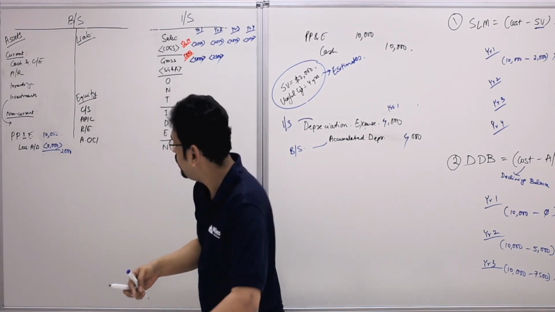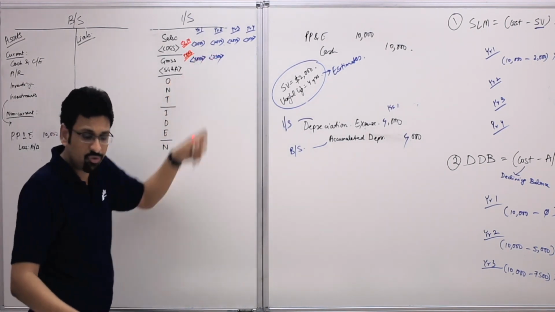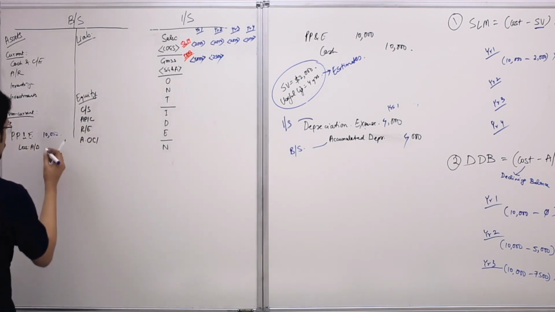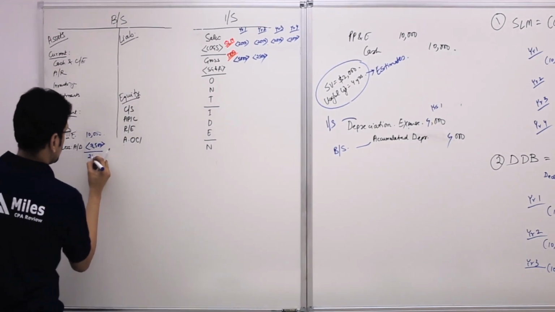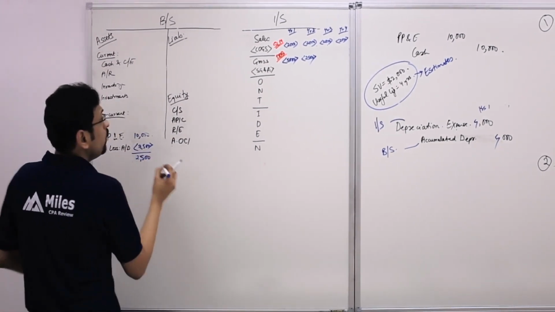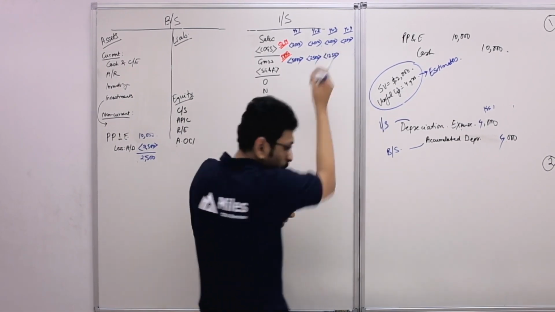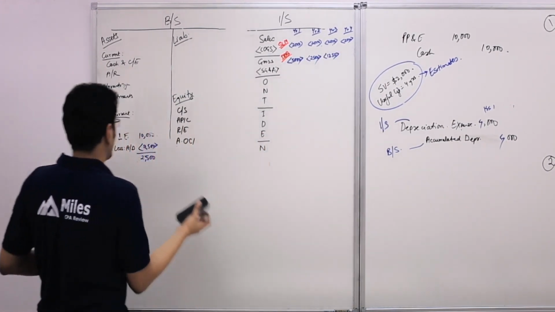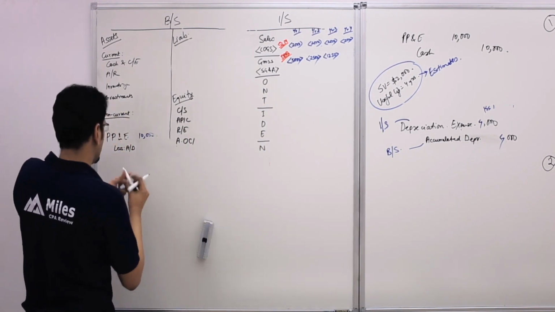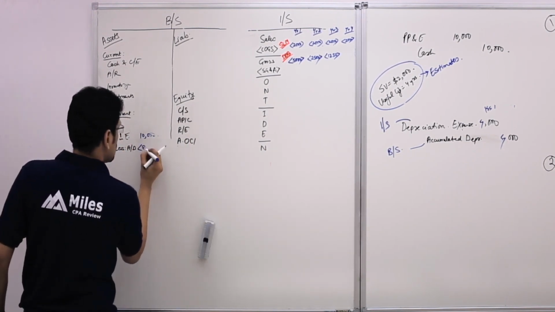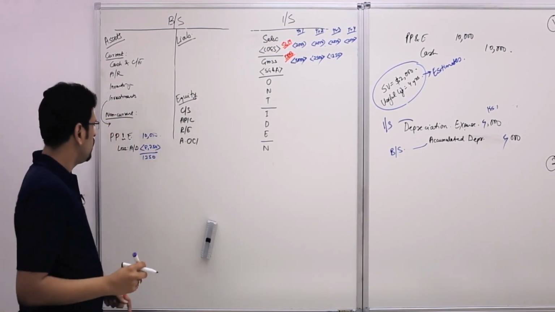So now it looks something like this. 10,000 less accumulated would be 5 plus 2.5, 7.5. Now in year 3, we're getting 1250. If you put this 1250 in place here, we're going to have 8750 of accumulated depreciation. And net is going to be 1250.